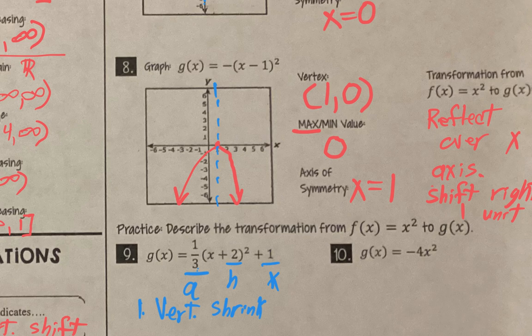I have x plus 2. I'm looking for x minus h. So I know that my h is -2. So that's going to shift 2 units left.